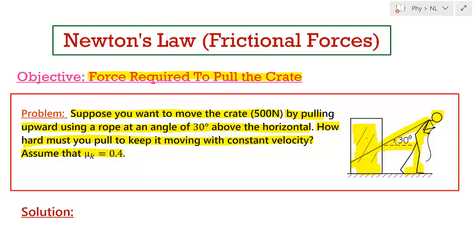So in this case you have been given the weight of the crate, that is 500 Newton, the coefficient of kinetic friction, that is 0.4, and the angle theta, that is 30 degrees. And you have to find the force with which you have to pull. So you have to calculate F.